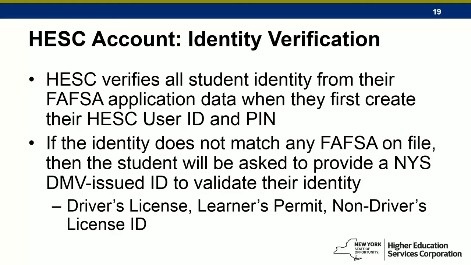Well, when we get that FAFSA, we have a FAFSA for Michael Turner Smith, and we have a student who made a HESC account just simply under Michael Turner. That Michael Turner HESC account will be selected for identity verification because it doesn't match the information that was provided on FAFSA. So you do want to try to avoid these common mistakes, because we get these questions a lot from counselors like, our student doesn't have a driver's license, they don't have an ID, how do they get past this identity verification?